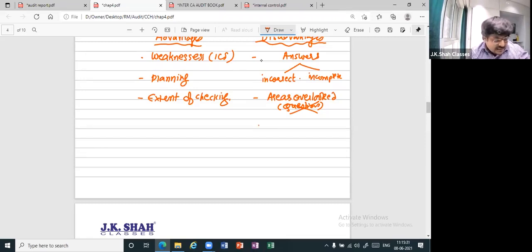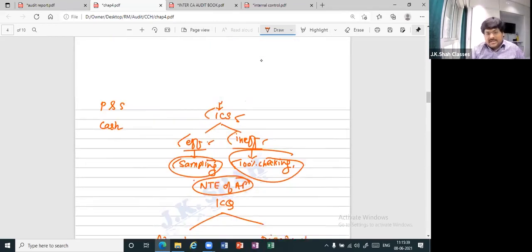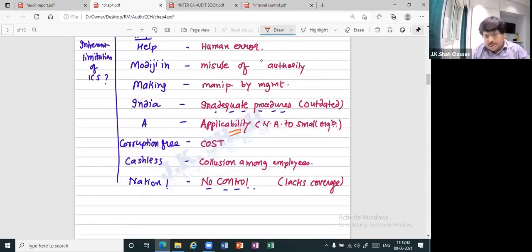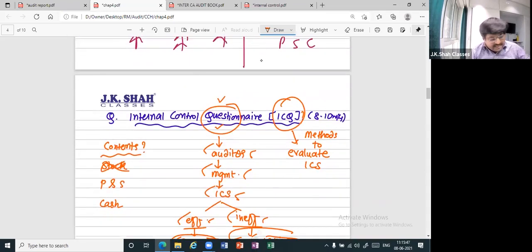And lastly, it is not applicable again to small organizations. If you appreciate, when I did ICS, I hope as ICS has its applicability issues, it is not applicable to small. Now you're talking about ICQ. ICQ is to evaluate ICS only.